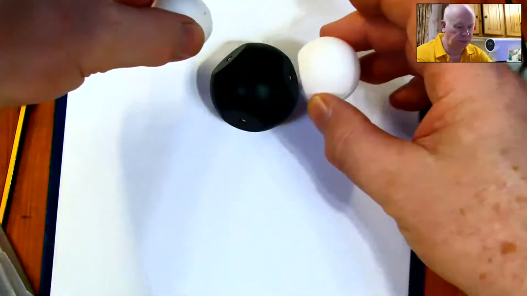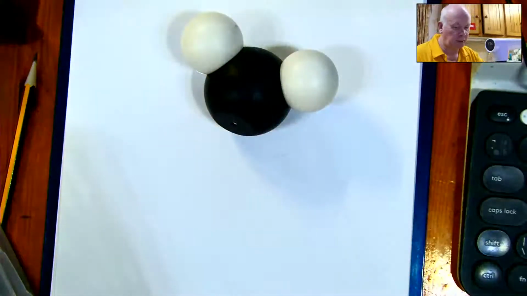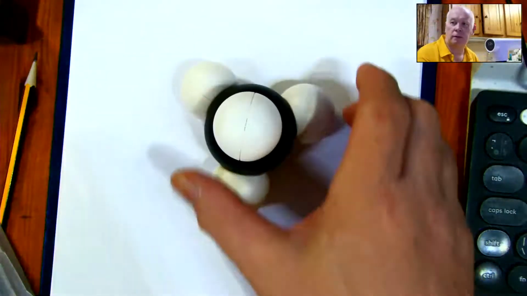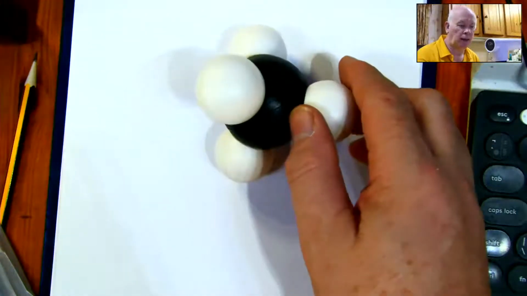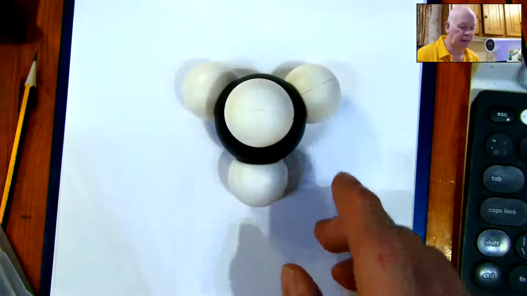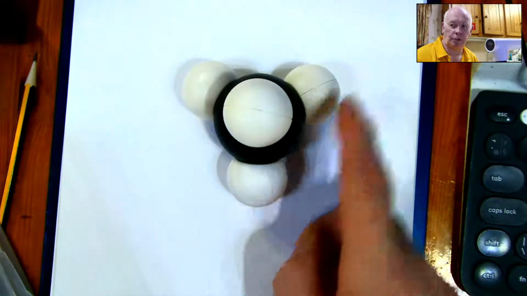So here's some hydrogen, and I can join that together to make here a molecule of methane, which contains one carbon and 4 hydrogens. Go back to the slide.